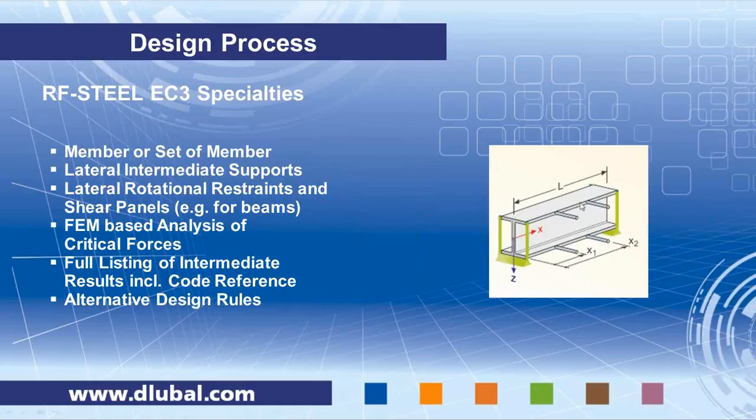You don't have to divide members when you want to put a lateral support, for example, with a nodal support there. You can just assign the distance of the lateral intermediate supports in the design module, and when we talk about critical loads, effective lengths, the software will take care of it, and it knows that there are those supports.